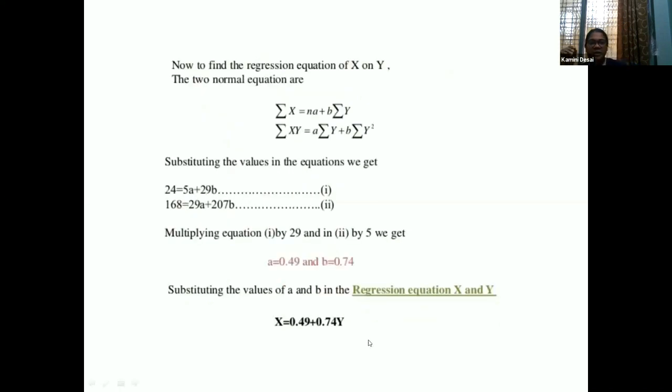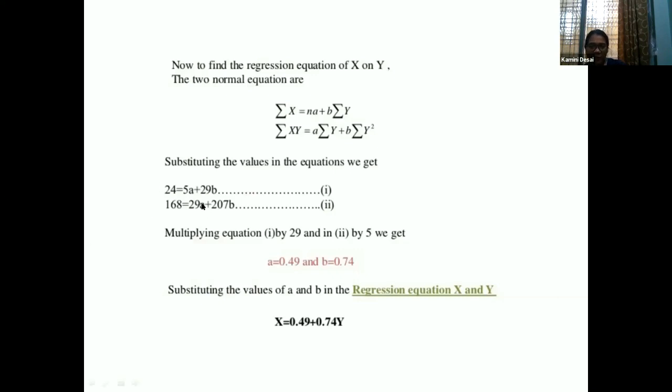Now find the regression equation x on y. The same method, but here there are two normal equations. Before, we have seen summation of y is equal to na plus b summation of x. Here it is exactly the opposite: sum of x is equal to na plus b summation of y. We have to put all the values in this equation and balance that equation.